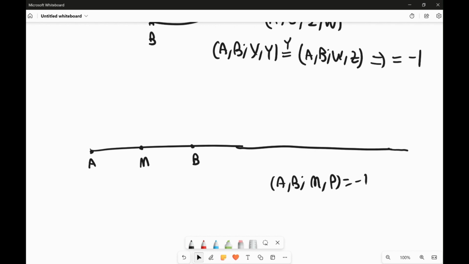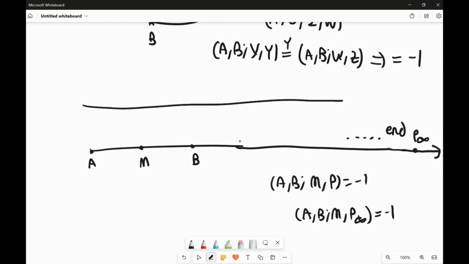But we can make it exist if we go to the very end of the line, where we have a point P infinity. And it's pretty easy to show that (A, B; M, P infinity) is equal to -1. And we can use a point P infinity if we have two parallel lines. The two parallel lines intersect at P infinity.